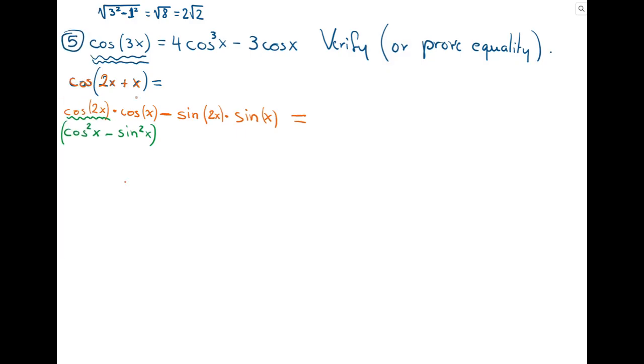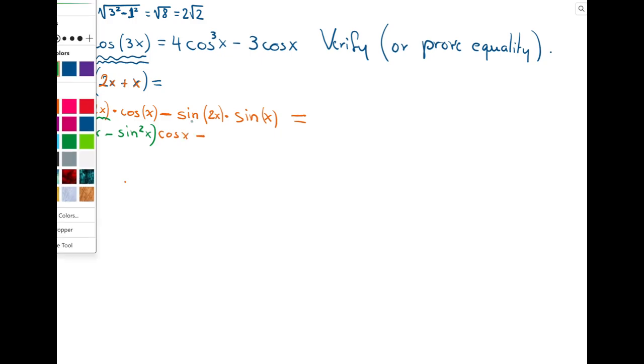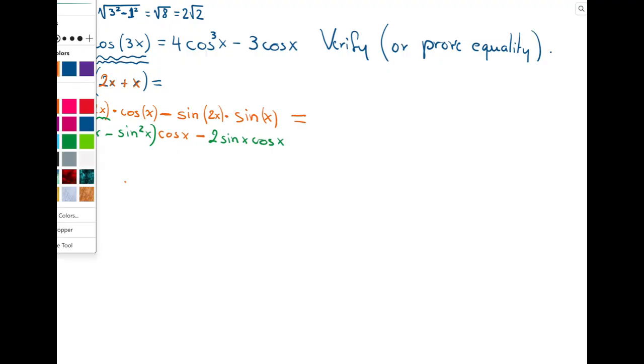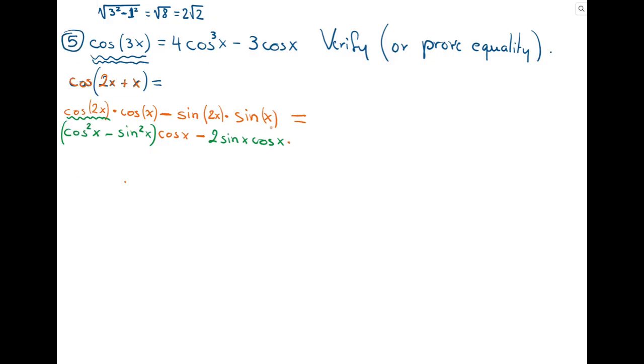And now I'm just going to recopy that cosine x down here, minus, and then again, I want to rewrite that sine 2x as 2 sine x cosine x. That's the double angle identity for sine, and then keep that times sine of x here equals, don't touch the other side. And now we're going to distribute, right?